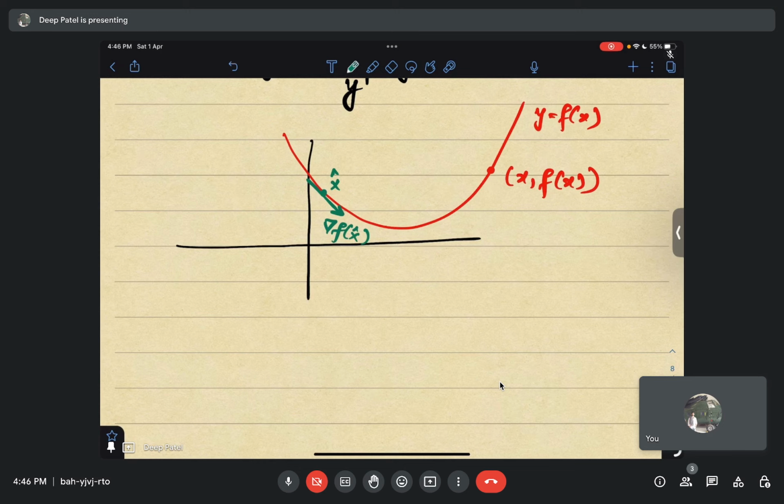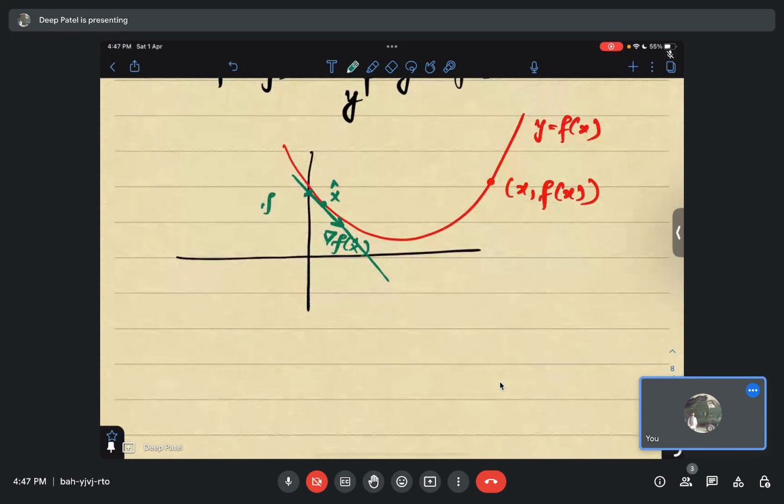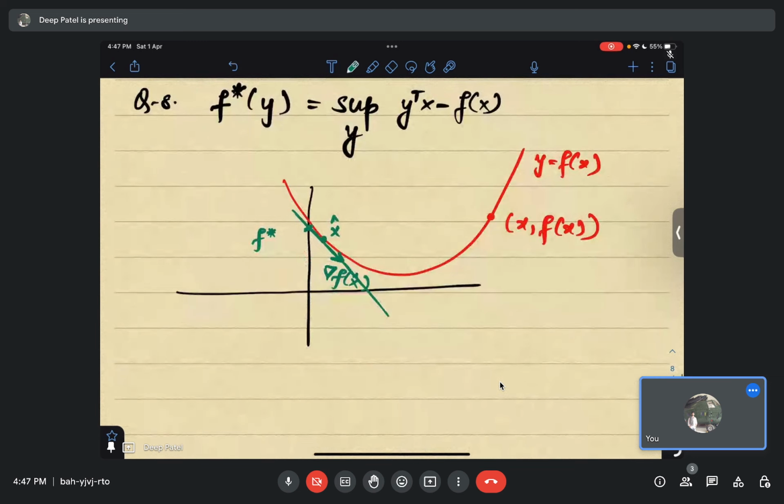I'll just extend a tangent from this point and take the intercept. Secretly it is f star of gradient f of x hat. Let me not do that, let me just put this as c.